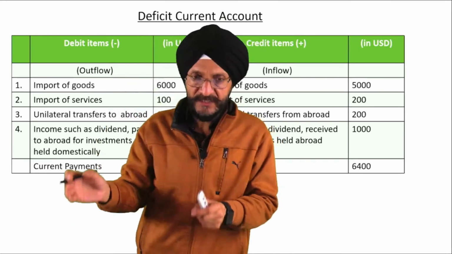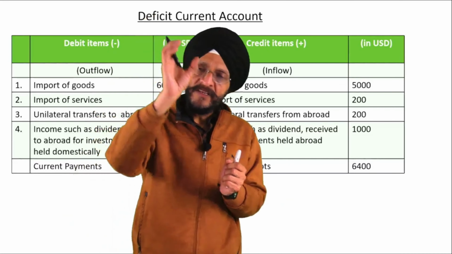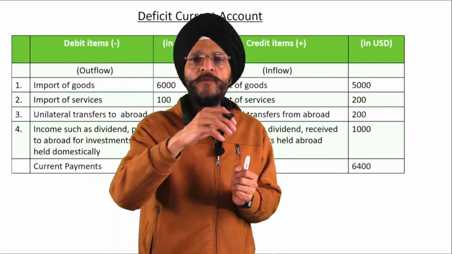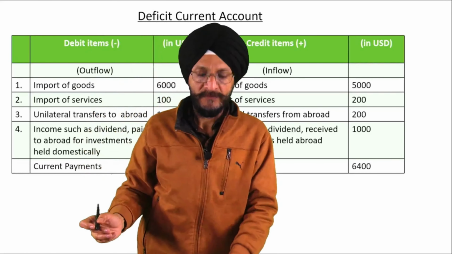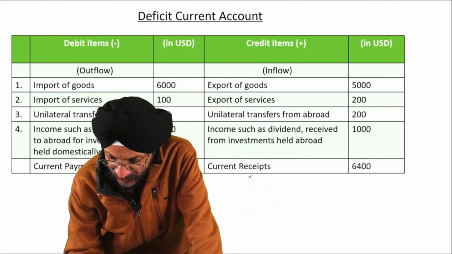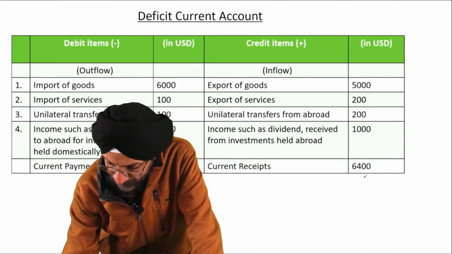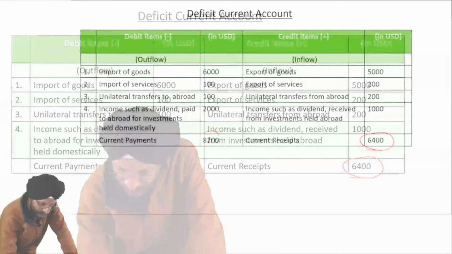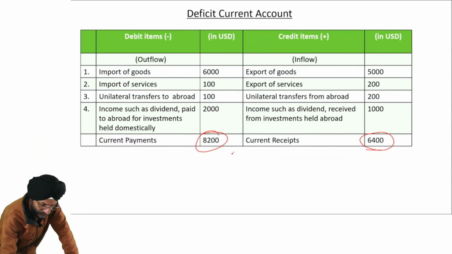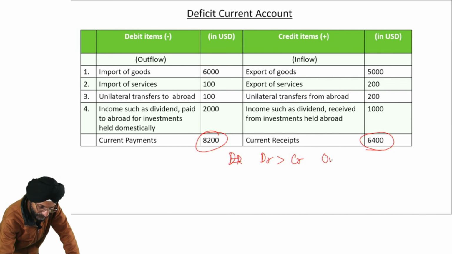In the shape of all these transactions we are receiving less as compared to what we are giving out. From the given figures you can see that here the credit items are less. Here debit is more than credit. In other words, the outflow of foreign exchange is more than the inflow of foreign exchange.